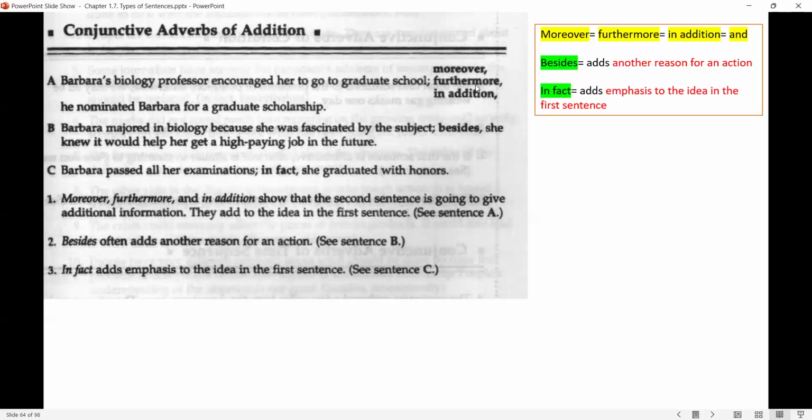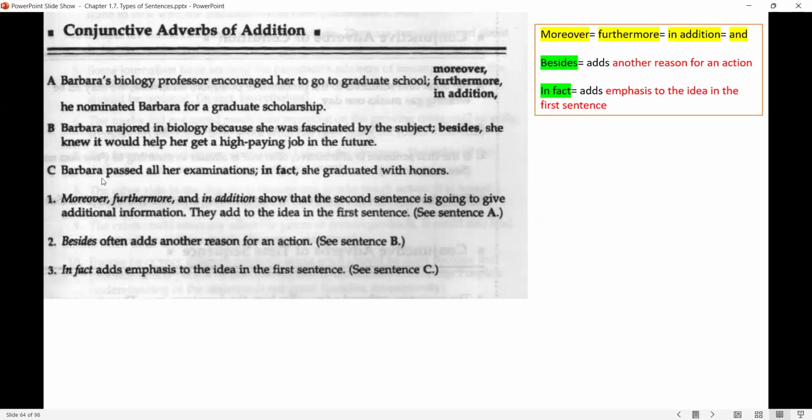They mean and. Barbara majored in biology because she was fascinated by the subject. Besides, here you're giving a reason. Besides, she knew it would help her get a high-paying job in the future. So this is another reason that she majored in biology.